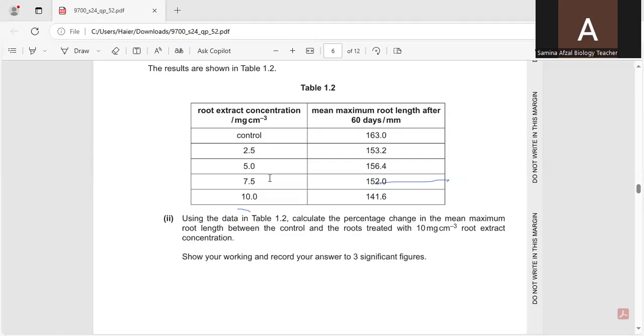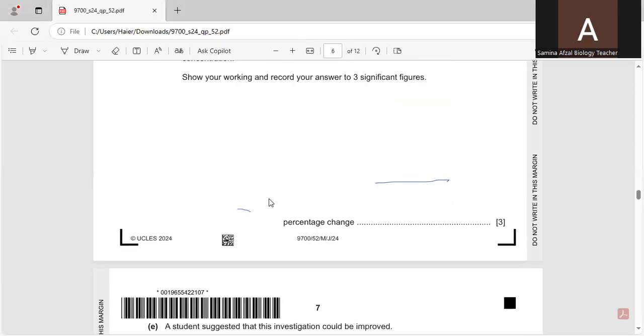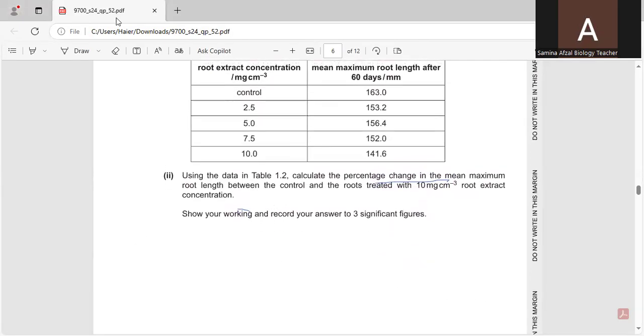So we will take these values and find the answer in percentage. We have to find the percentage change between the control and the 10 root extract concentration, and we will find it in this way.